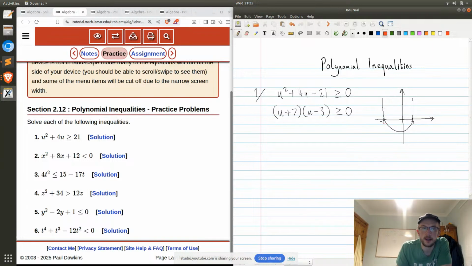So basically, what does that mean? That means there are 3 parts of the number line now, the left and the middle and the right. And we have to choose which one is actually appropriate.